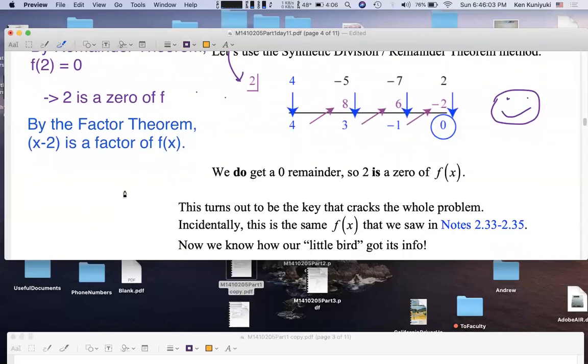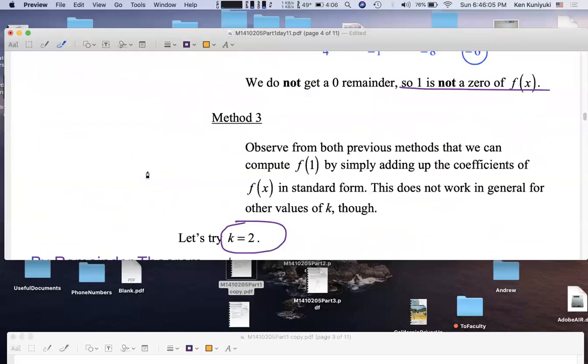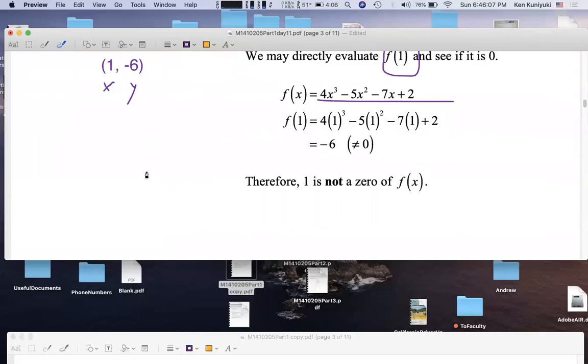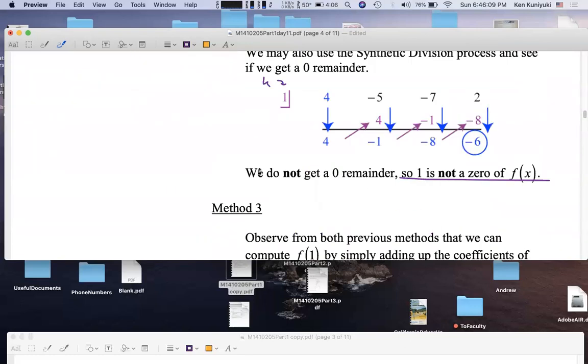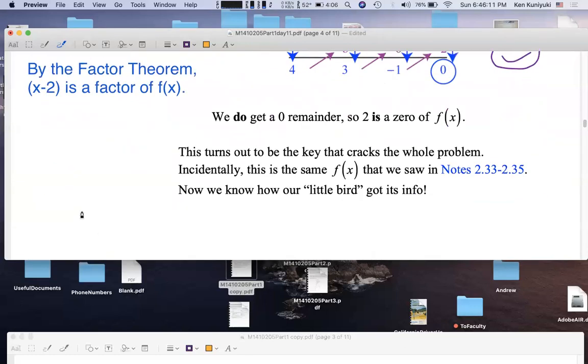So what does that mean? That means that that big, ugly f of x guy that we started off with can now be written as the factor x minus 2 times another factor.